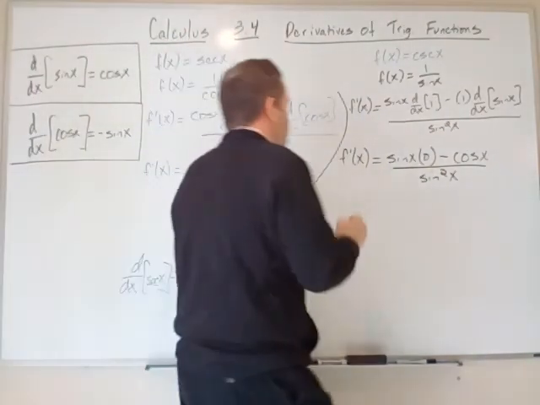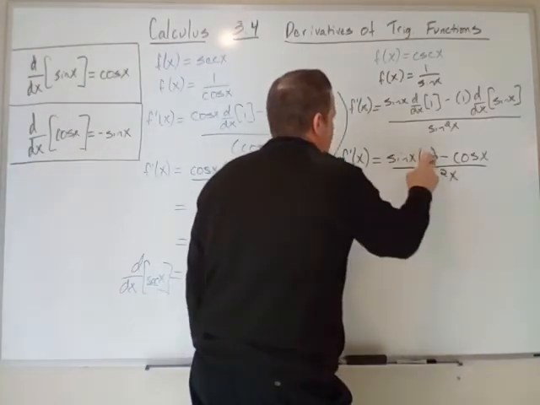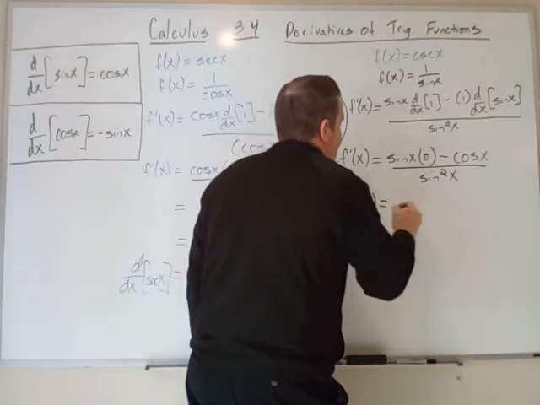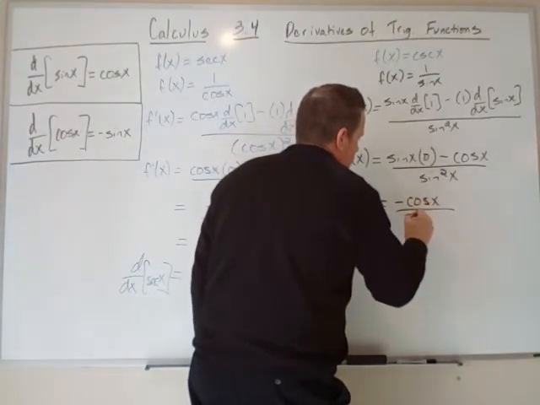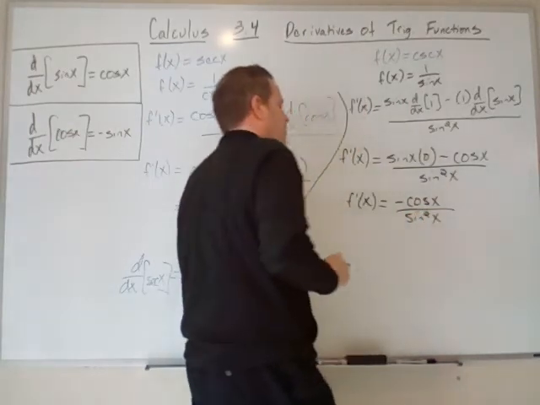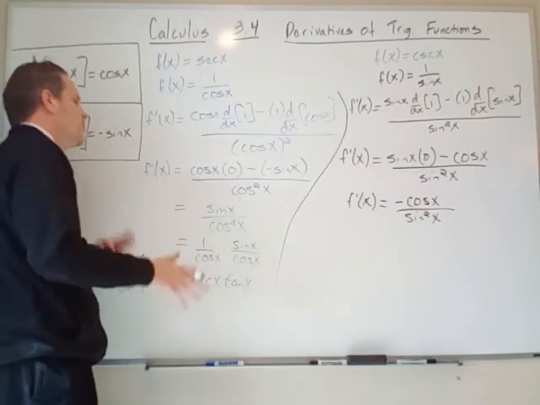Okay, so f prime of x is equal to sine x times 0, which is 0. It's going to be left with opposite cosine x in the numerator over sine squared x. Just like over here, I want to split it up.